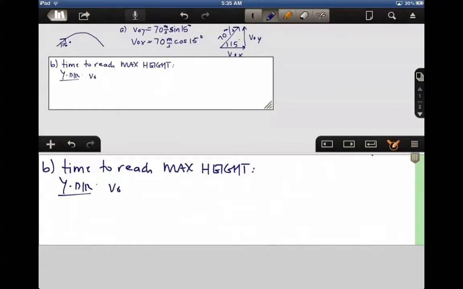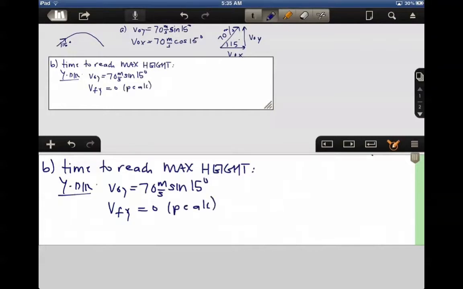V initial y is 70 sine 15. V final y will be 0 because we're at the peak. The acceleration in the y is negative 10 meters per second squared.